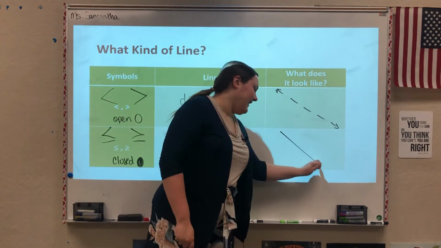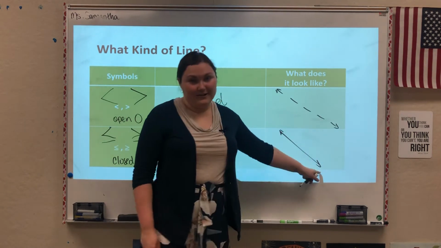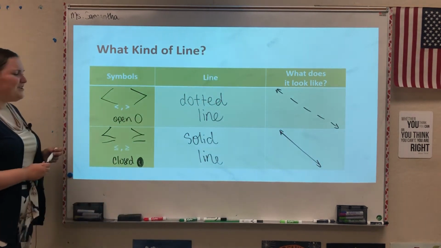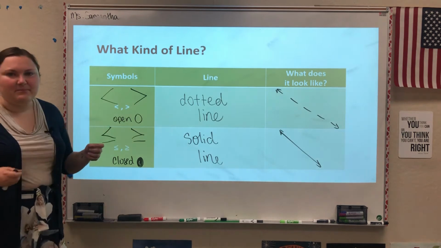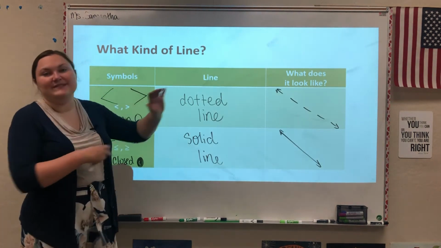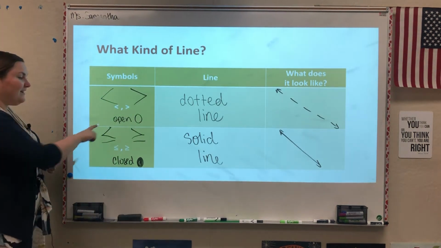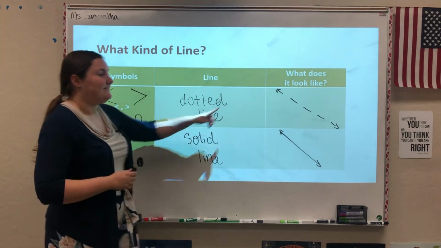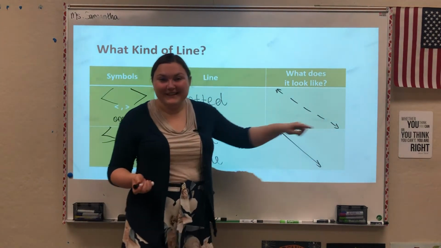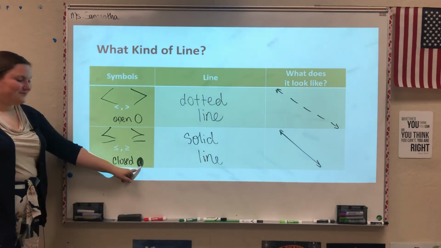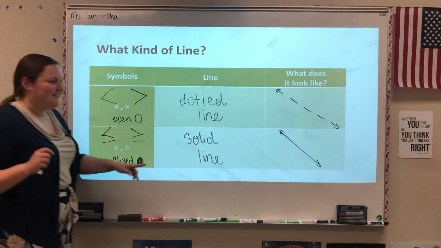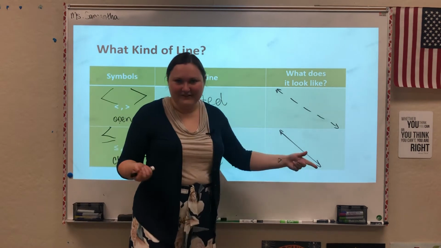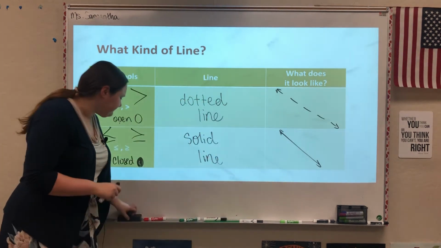It's a line that's all colored in. I'm talking about graphing on number lines in hopes that you see how they're related. Open circles were circles that weren't completely filled in. This is a line that's not completely filled in. Closed circles were circles that were colored in. This is a line that's all colored in, so they're related.